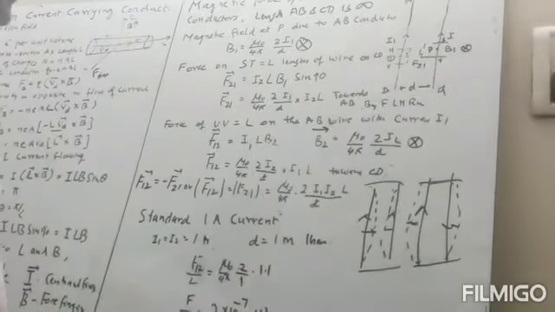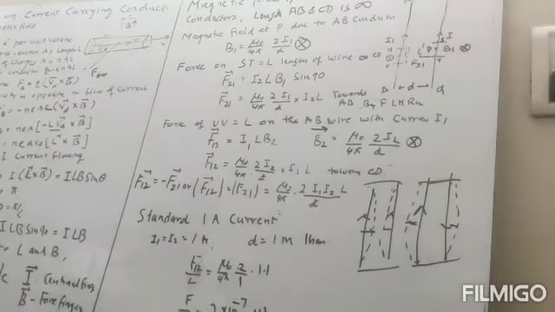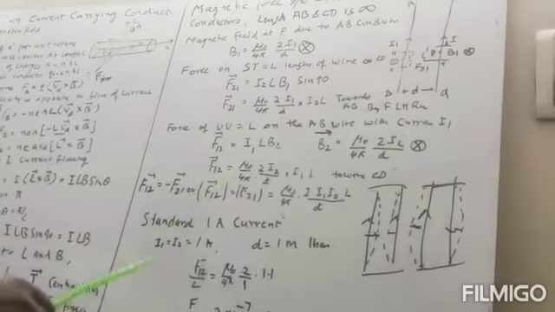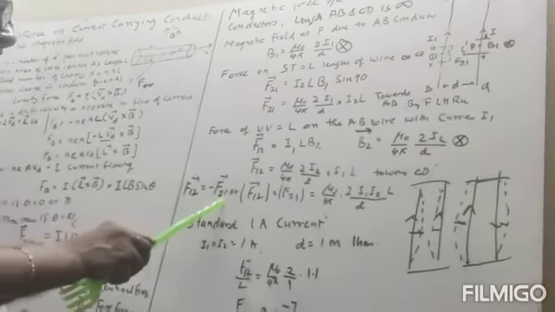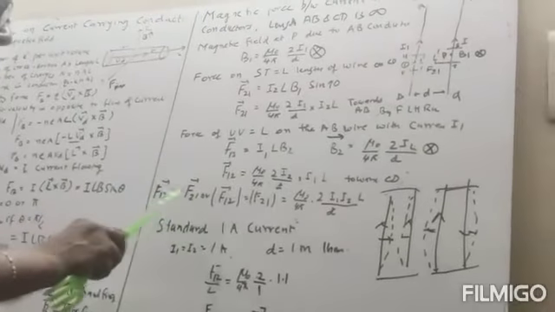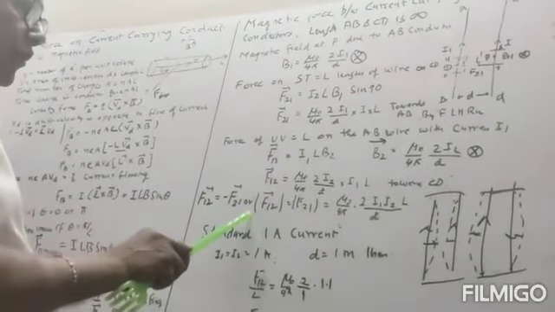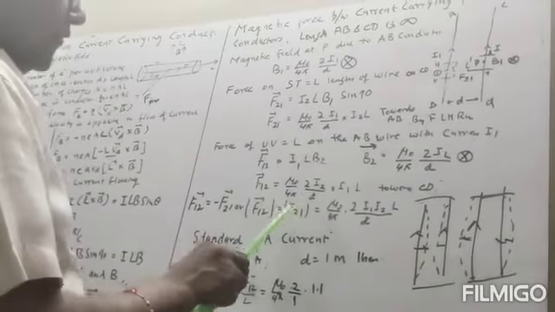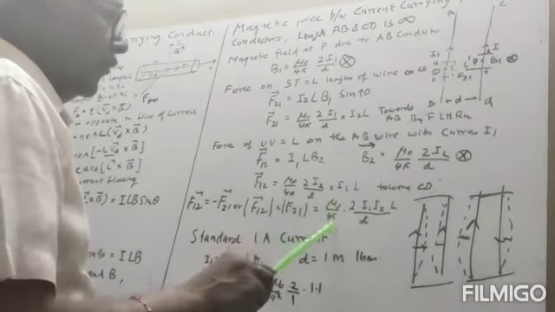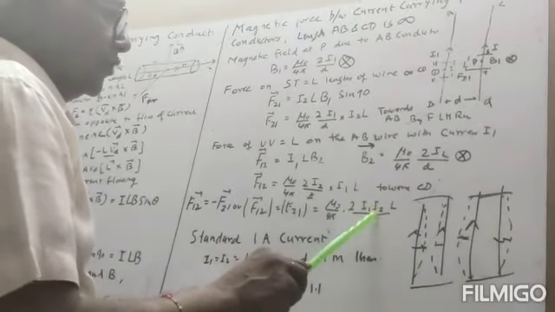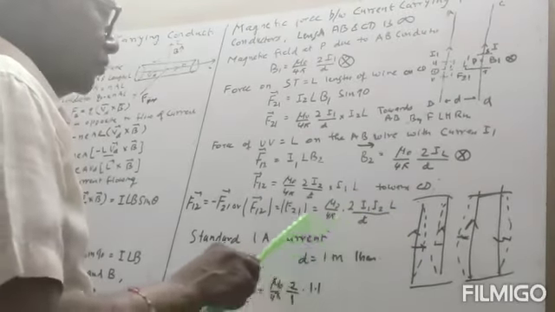So their magnitude is the same, but their direction is opposite to each other. So we say F12 is equal to minus F21, or the magnitude of F12 will be equal to the magnitude of F21, and this magnitude will be equal to mu 0 by 4 pi, 2 I1 I2 L by D.